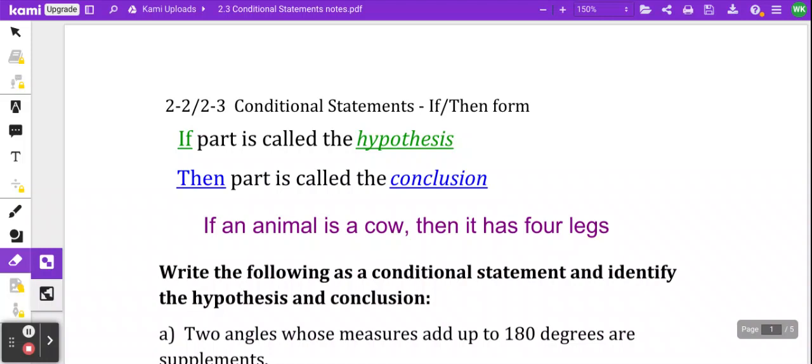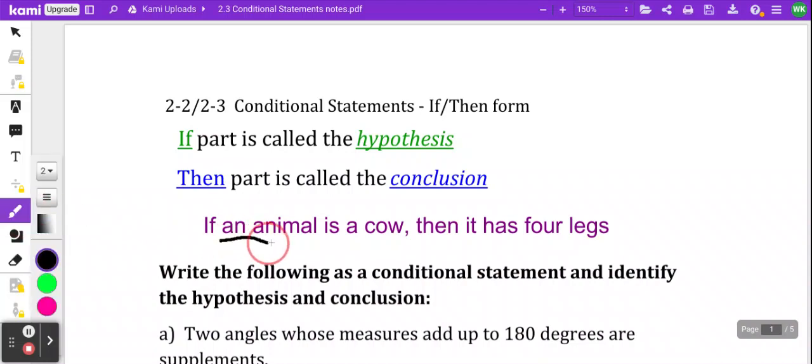So just like in science, we have statements written in the form if and then. The if part is called the hypothesis, and the then part is called the conclusion. Let's take a look at one example. If an animal is a cow, then it has 4 legs, okay?